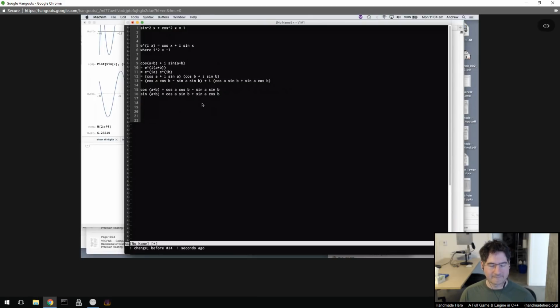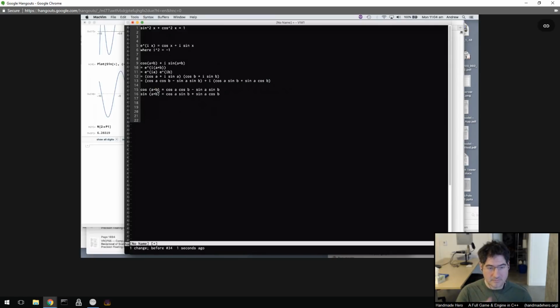So what these formulas give us is, if we can calculate cosine a and sine a at a point, then we can calculate values of cosine around a.